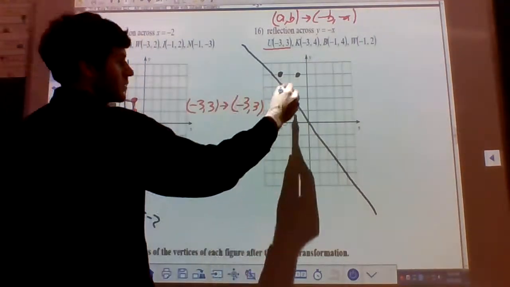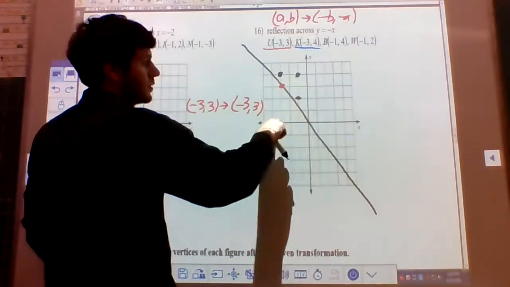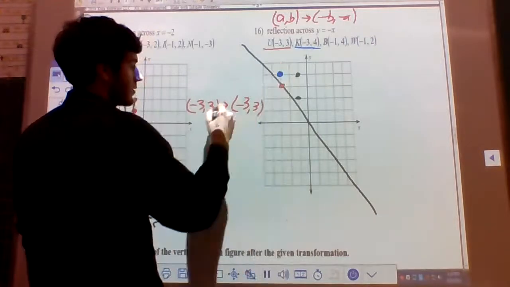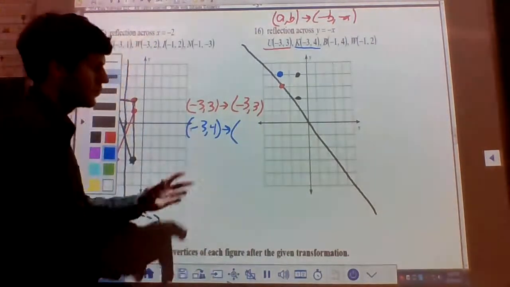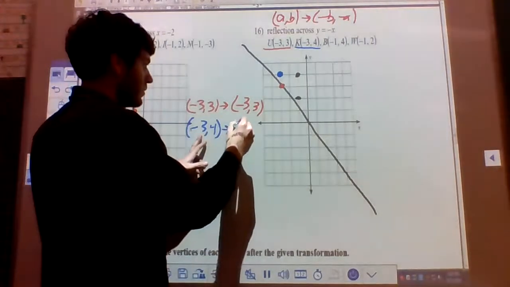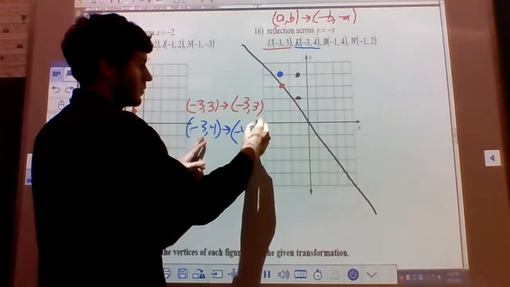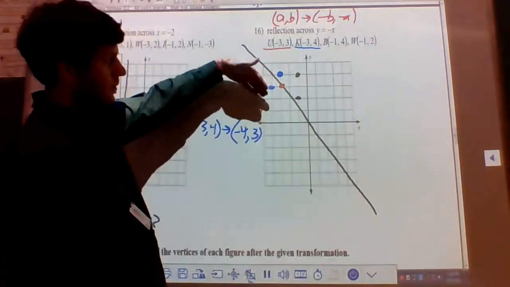So black, (-3, 4). Okay. Switch them in places, so (4, -3), and then flip the sign, so that's (-4, 3). Which is right here, it makes sense where that's flipped over.